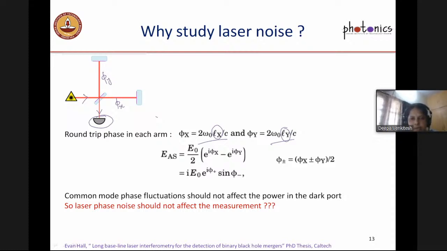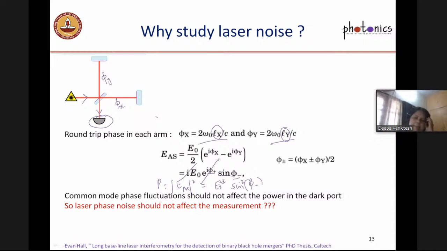Now, you can take phi x plus phi y by 2 outside, and then you can immediately realize this is e to the power i phi plus times sine of phi minus, which means that my power, which is mod of E_AS squared, when you do a modulus, this i goes away, you have E naught squared, and this also goes away. What remains is just sine squared phi minus, right?